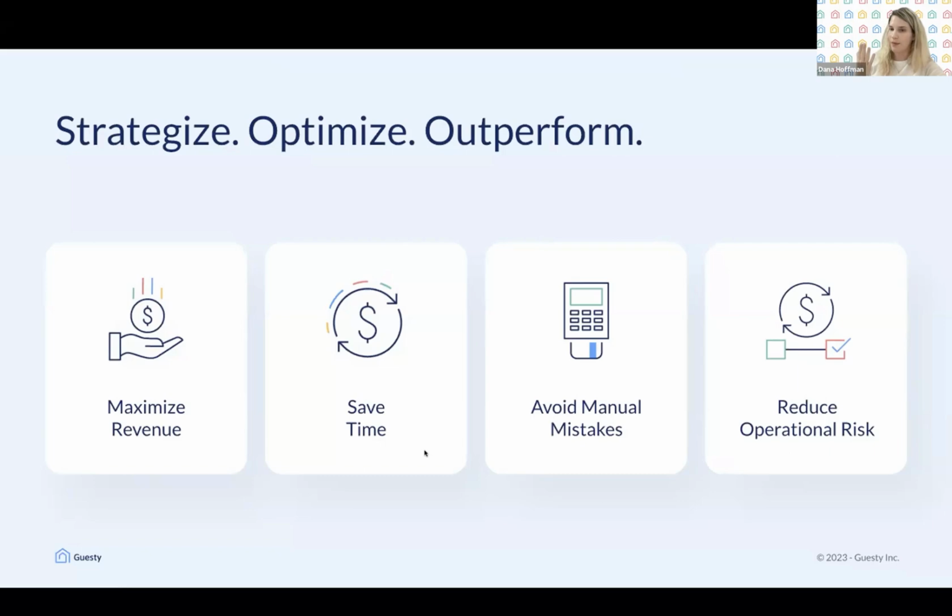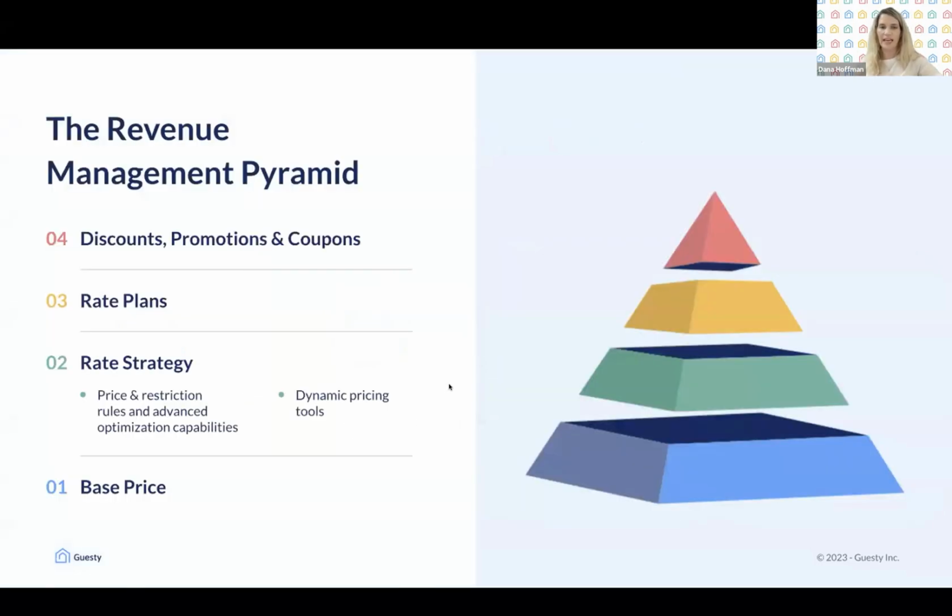Then continue with bulk setup and automation to avoid mistakes and save precious time, providing you with full support for channel restriction and cancellation policy to minimize your operational risk. At Guesty, we like to think of revenue management as a pyramid, and the pyramid consists of different layers of granularity, allowing you to decide how deep you want to dive into each layer.